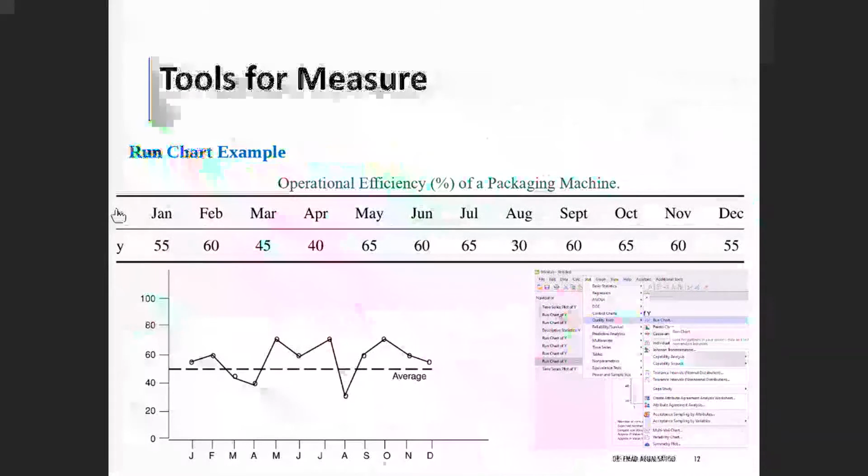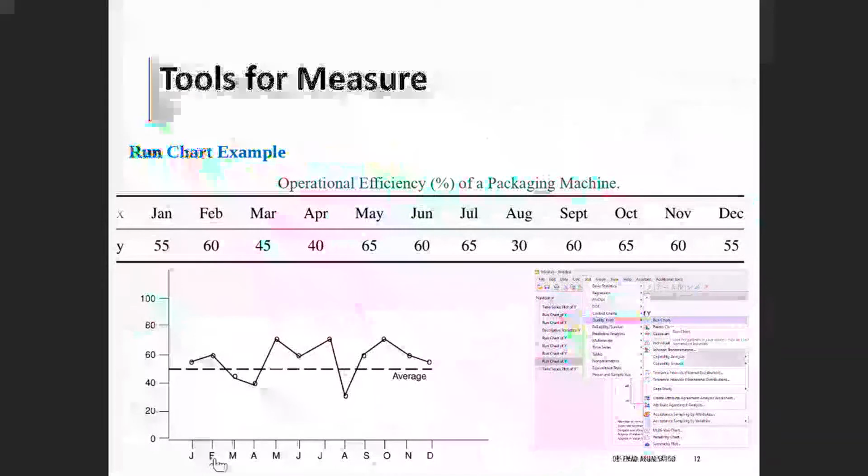Whether you have time categories like months, years, minutes, hours, or quarters of the year, this is how you list the time in your X axis. In this case, it uses the months, and here is the operational efficiency percentage of a packing machine. These represent the percentage of the packing machine efficiency, and the run chart illustration will look like that.